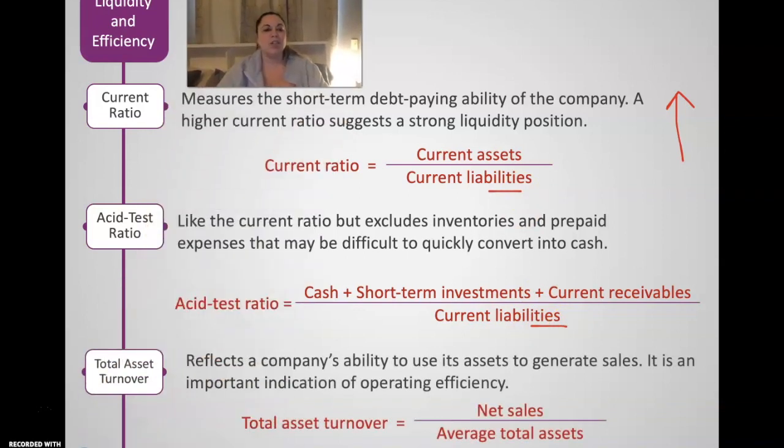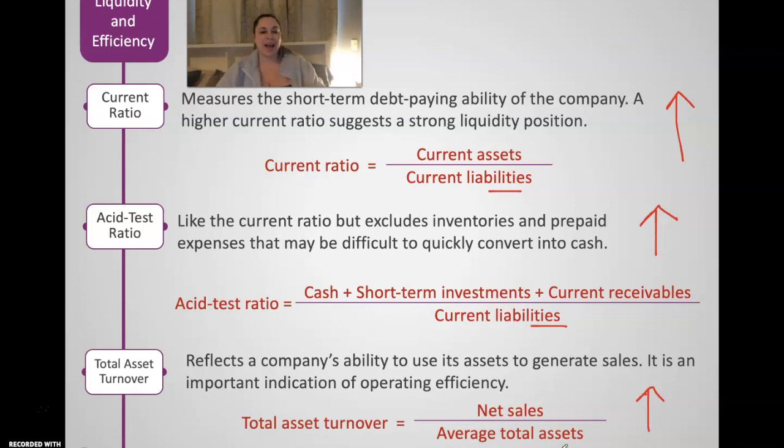Okay, and then we have the total asset turnover. As it states here, it reflects a company's ability to use its assets to generate sales, an important indication of operating efficiency. Once again, we want a higher number, same thing with the acid test ratio. Total asset turnover is net sales divided by average total assets.